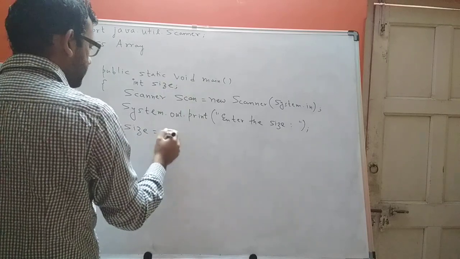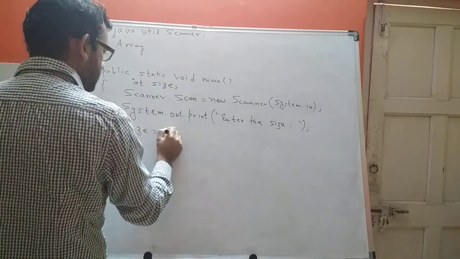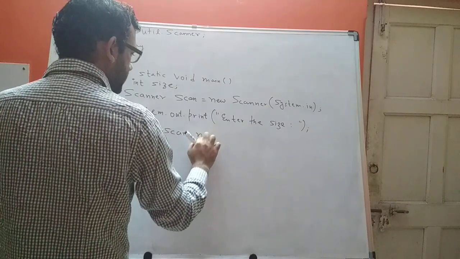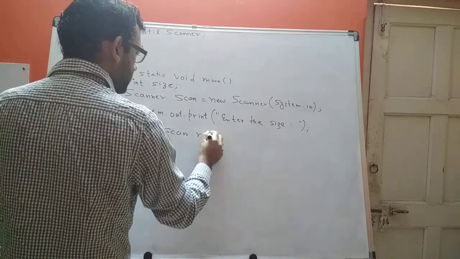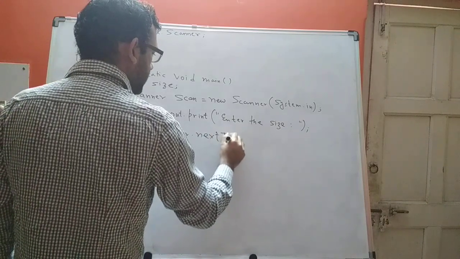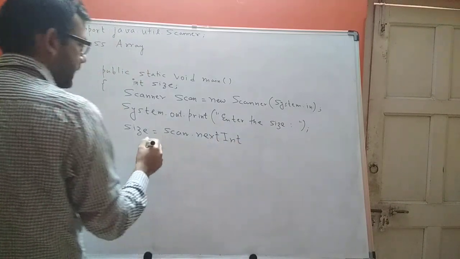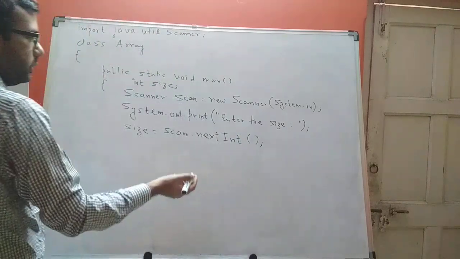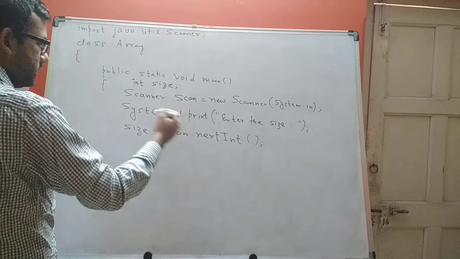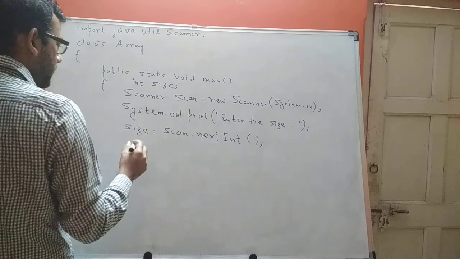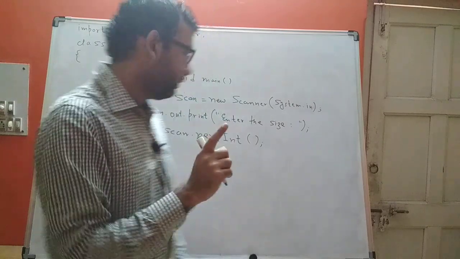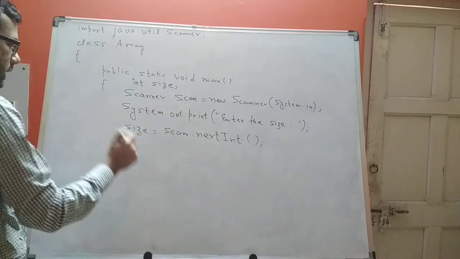Okay, now I can accept the input from the user. Since it is an integer input, I'll say scan.nextInt(), right? size equal to scan.nextInt(). So this will enable me to accept the input and store it in the size variable. Now I need to declare an array of this size.